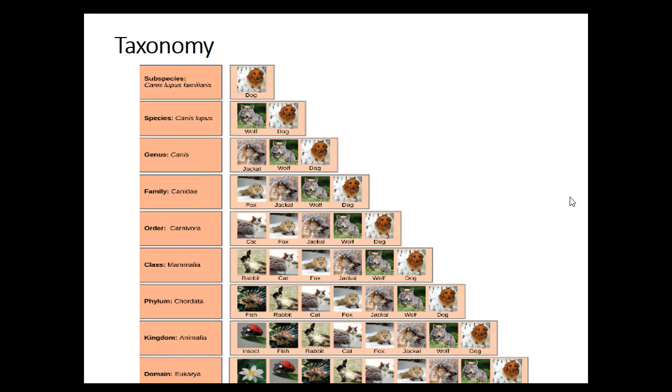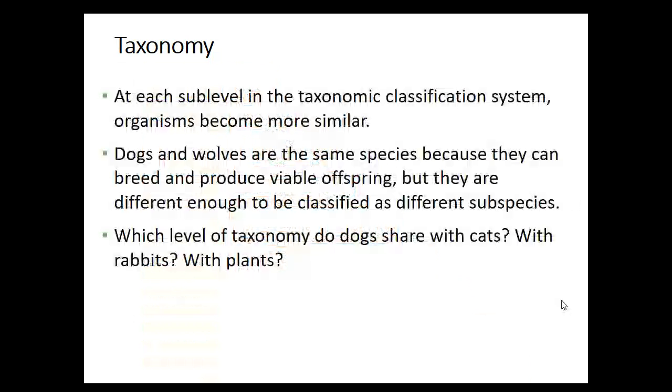Like rabbits used to be considered rodents. They're not considered rodents anymore because their teeth are a little different from the rodents, and so they put them in a separate order called Lagomorpha. Like we saw, at each sub-level in the taxonomic classification system, organisms become more similar.